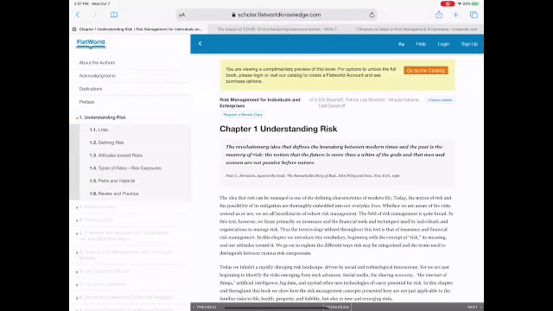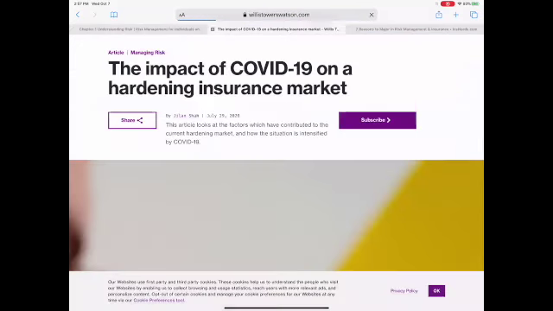Specifically, you're going to find all sorts of consulting firms that try to speak to what's going on with the insurance market, because insurance companies are starved for somebody to tell them what will help them eke out just a little bit of better competitive position. And this Willis article I thought was interesting. It's from July, and it's talking about the fact that right now our insurance market is hardening.